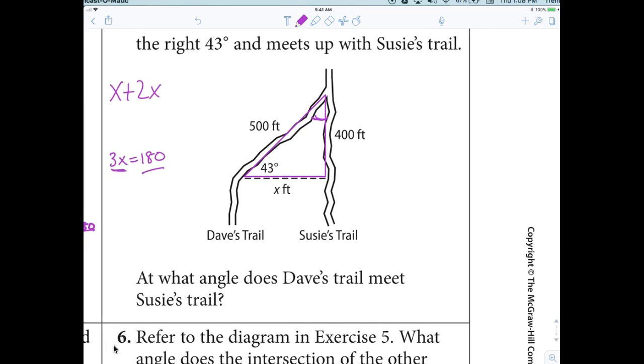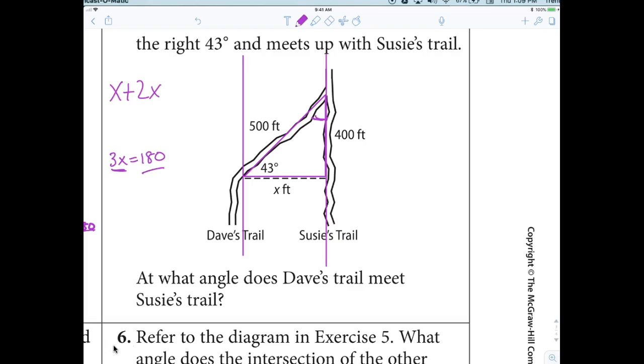Now, keep in mind, I think what they're trying to tell me is that Dave's and Susie's trails are parallel. So just to visualize this better, I'm going to draw this. And then I'm going to draw this right like this.